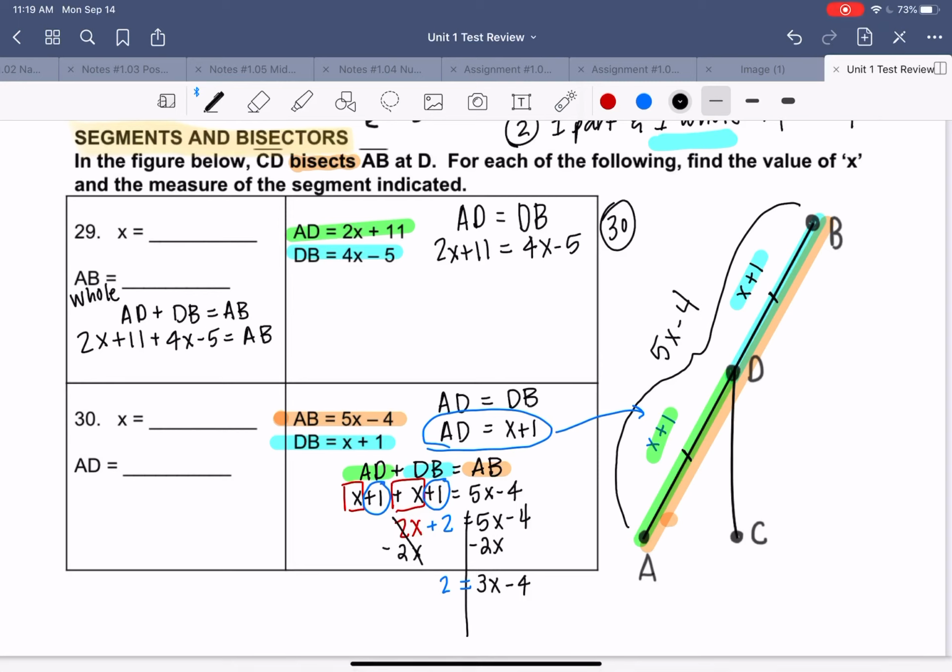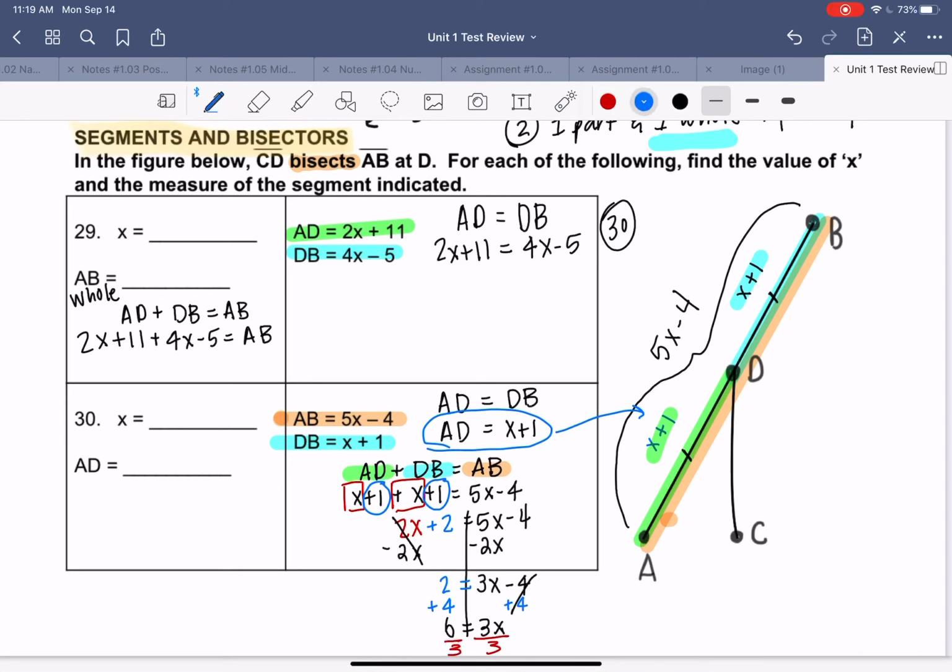All right, so because my x's are on my right side, nothing else can be on my right side. So I need to add 4. 2 plus 4 equals 6, equals 3x. All right, so last but not least, your last step should always be to divide whatever is multiplying with the x. So right now a 3 is multiplying with the x, so I need to divide by 3.